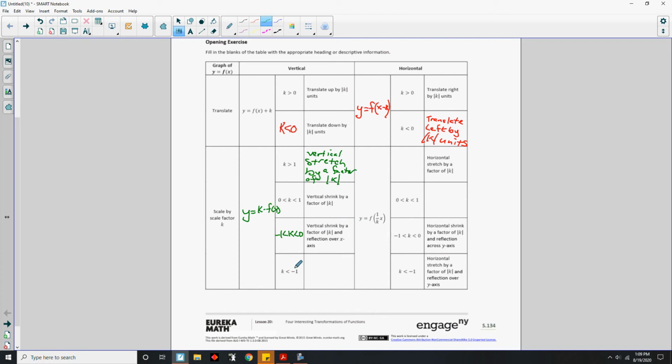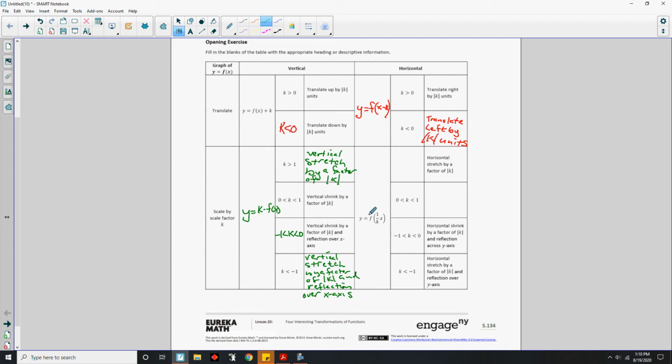If k was less than negative 1, negative 2, negative 3, negative 4, that is going to be a vertical stretch by a factor of absolute value of k and a reflection over the x-axis.